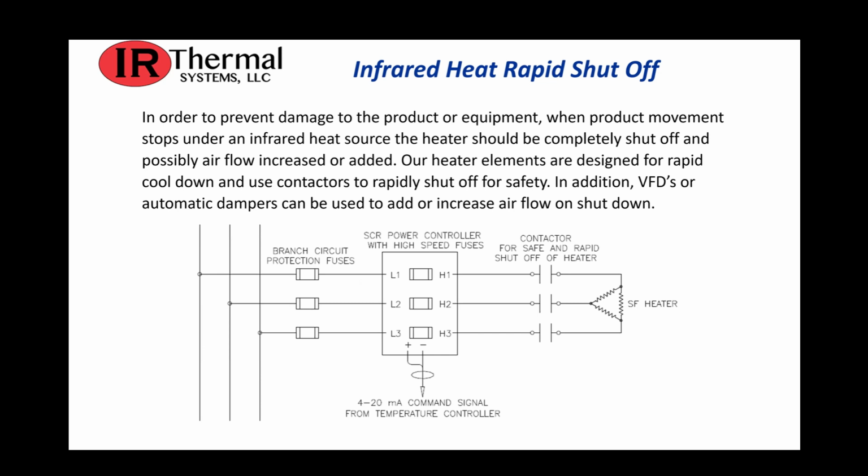So our heater elements are designed for rapid cool down and use contactors to rapidly shut off for safety. In addition, VFDs or automatic dampers can be used to add or increase airflow on shutdown. This is very important because things could happen and you don't want to lose product.